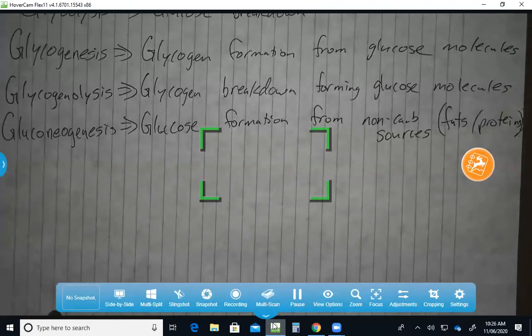Okay, so those are all various forms of metabolism relating to carbohydrates.